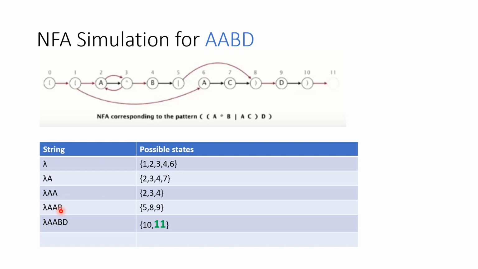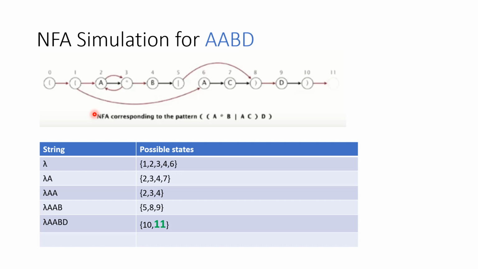Now what if you read B? Let's start from here, 2, 3, 4. We know 4 is a possible state where B can be processed, so it'll take you to 5. Okay, you can see that it takes you to 5. Now, can it go to 8 and 9 also?